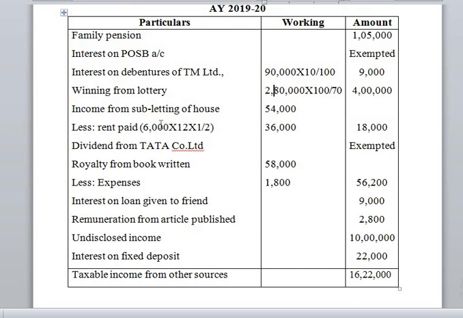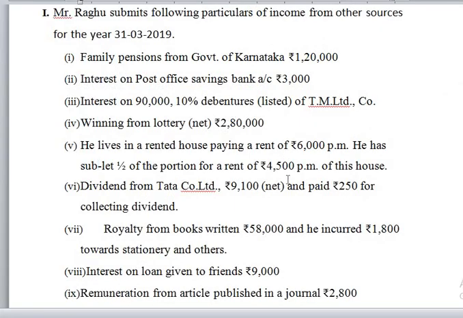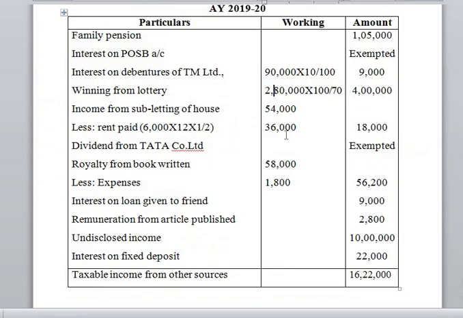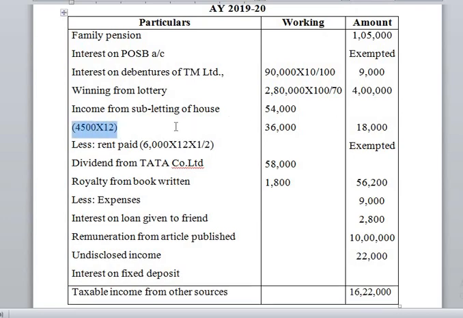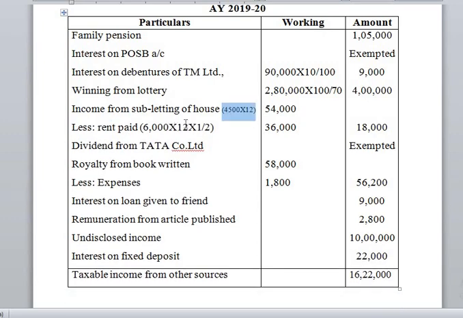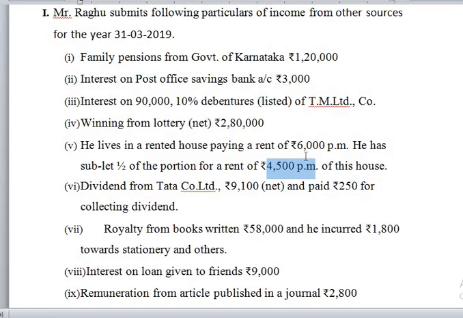In such a case, the calculation will be income from subletting of house. He has given half of the portion of the house for rupees 4,500 per month, so he will be receiving 4,500 into 12 months, 54,000. Then he pays a rent of rupees 6,000 per month for the entire house.